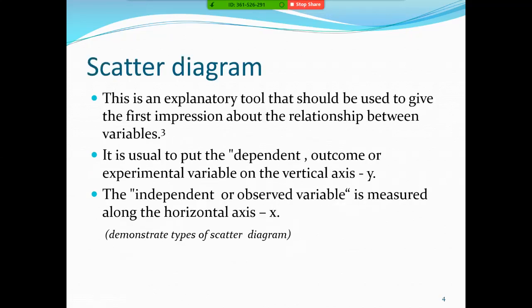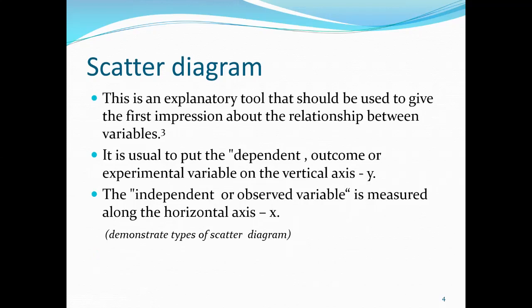A scatter diagram. We're all familiar with it. Don't worry, I'm going to show you a picture shortly. It's an exploratory tool which gives us the first impression about the relationship that exists between two variables. If there is a linear relationship or if there's no linear relationship.